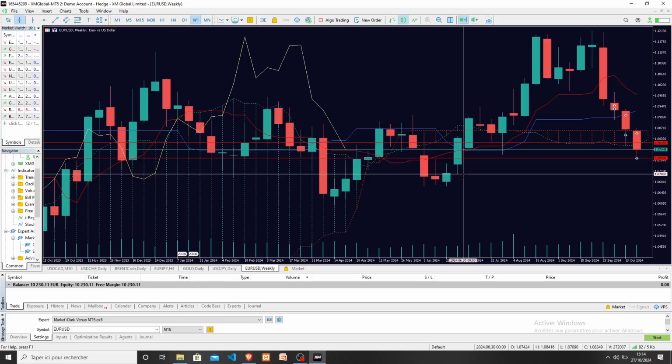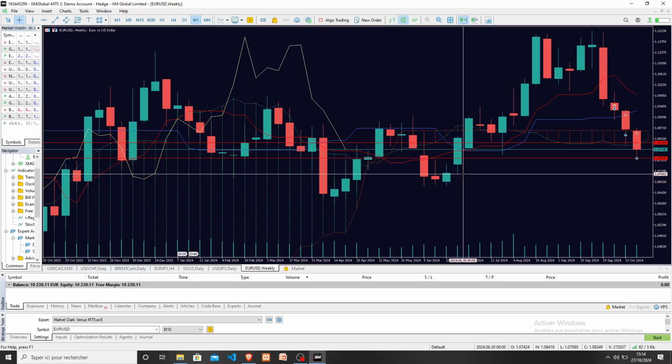At the same time, when you work with higher time frames like the weekly or the daily or even the H4, the 4-hour, you don't have to be stuck in front of the screen the whole time. You can open a trade and then check it every 4 hours, check it every day, or even every week.